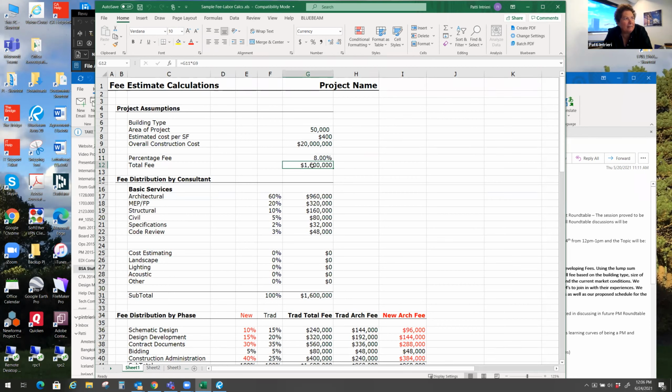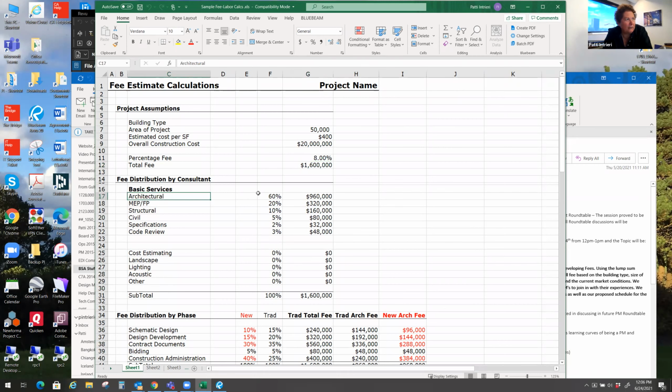And then this basically gets you a total fee. The other art part of this is what is considered basic services and what's considered below the line of specialty services.